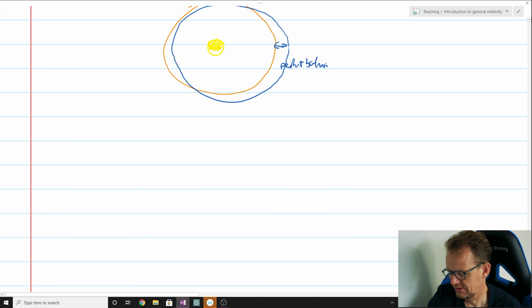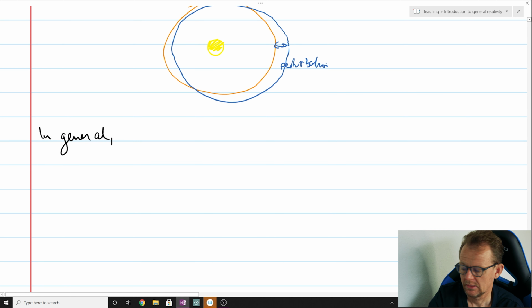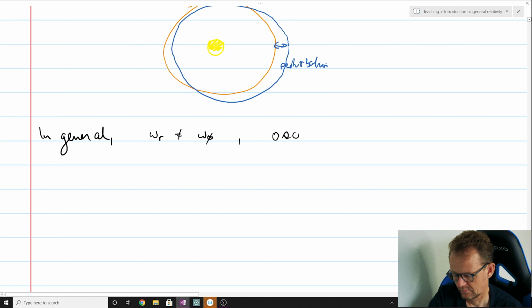The impressive and amazing thing about general relativity is that in general, omega r does not equal omega phi, right? These orbits, these oscillations are incommensurate. And that means that the orbits do not close.